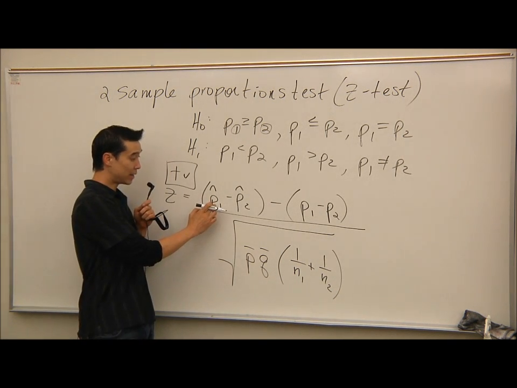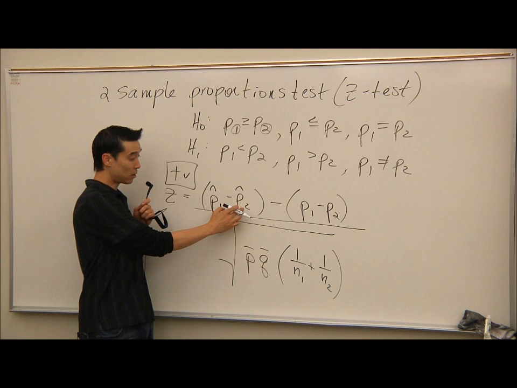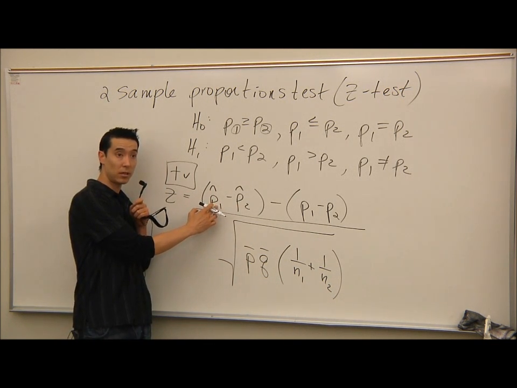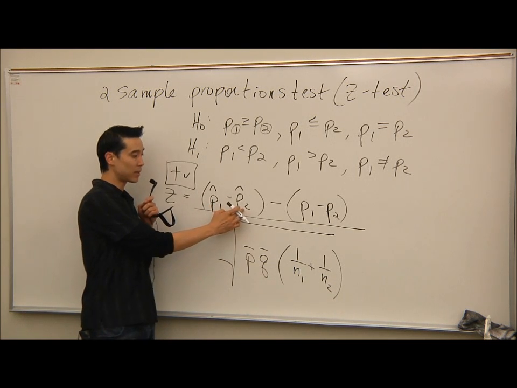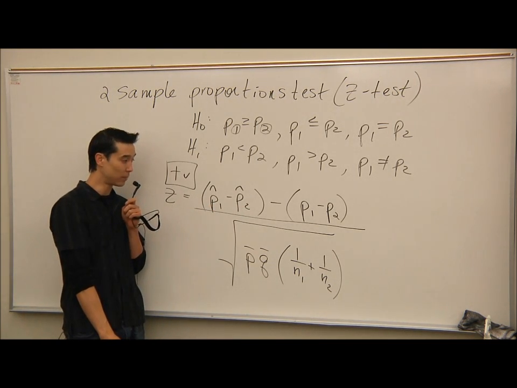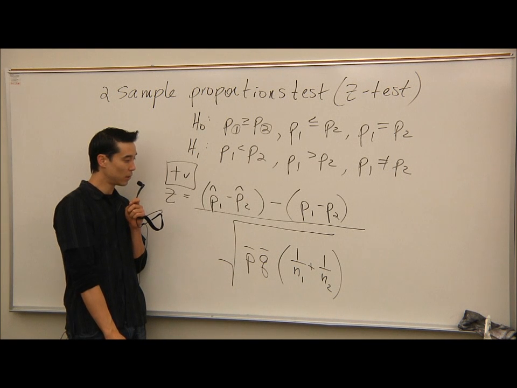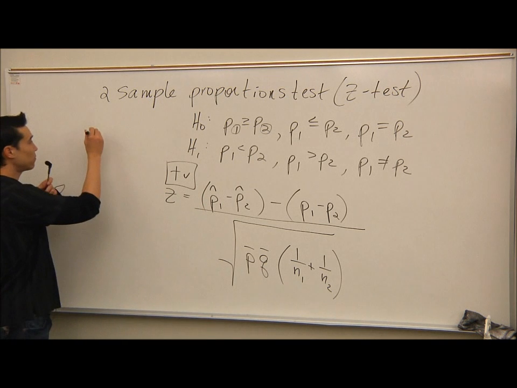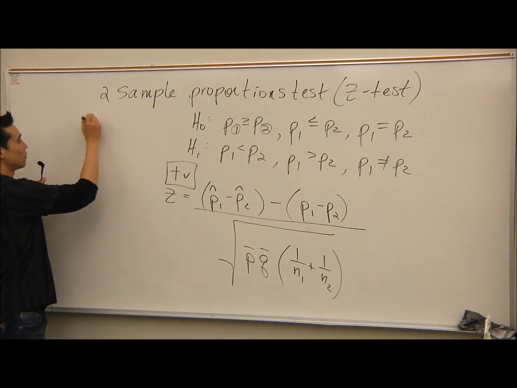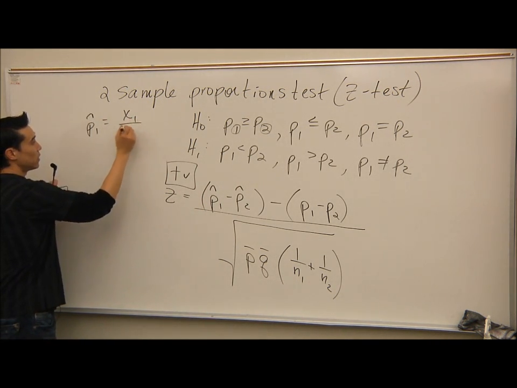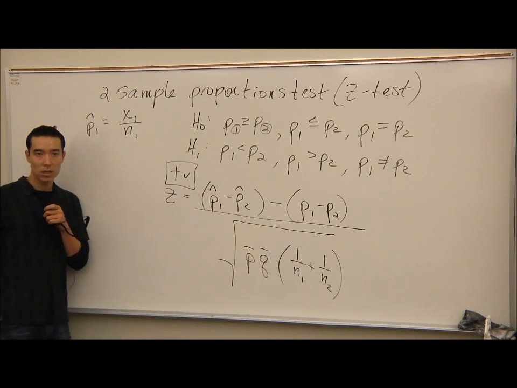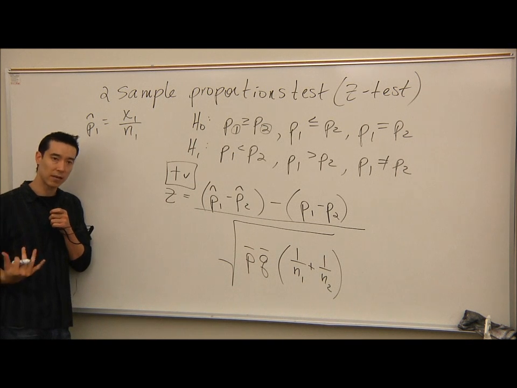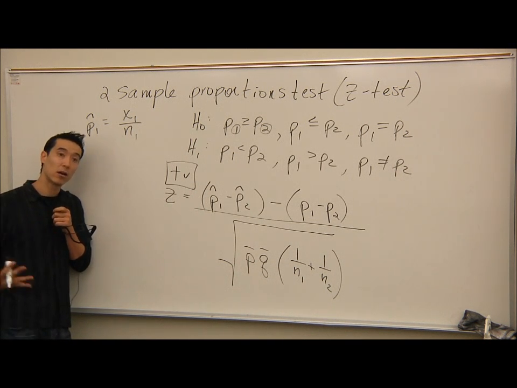So P1 hat and P2 hat are both coming from the sample data. Okay, so this is my sample proportion for whatever we labeled as 1, and this is my sample proportion for whatever we labeled as 2. Okay, now, when we're doing a sample proportion, if I look at P1 hat for a second, that is equal to x1 over n1. So the number of sample units in that first sample that have a specific characteristic of interest divided by how large that sample was.